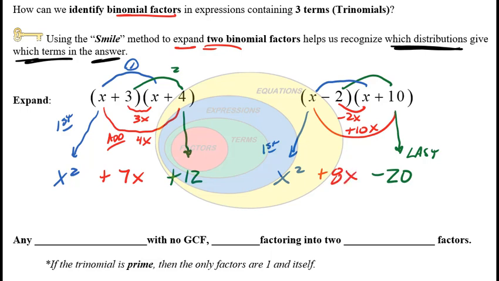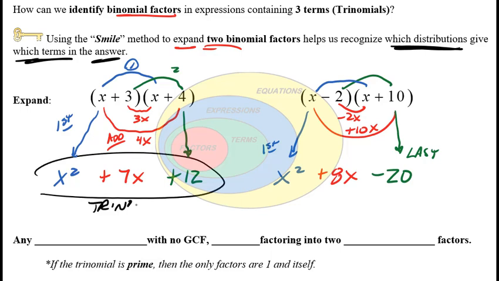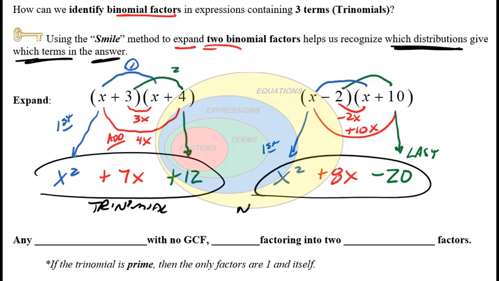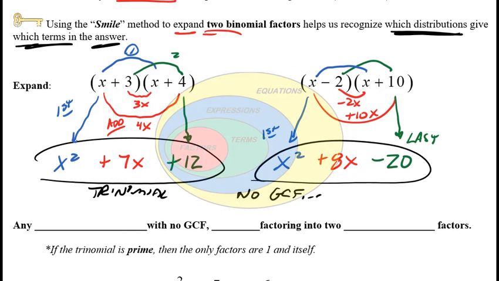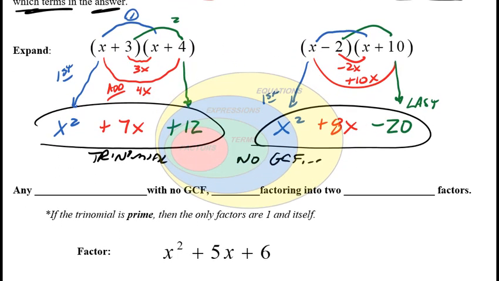So again, if you notice what we're getting, every answer that we get is a trinomial. The trinomial has no greatest common factors of the three terms, and the binomial factors that it came from are what we started with. So now that we know this, we're going to use it to factor trinomials.